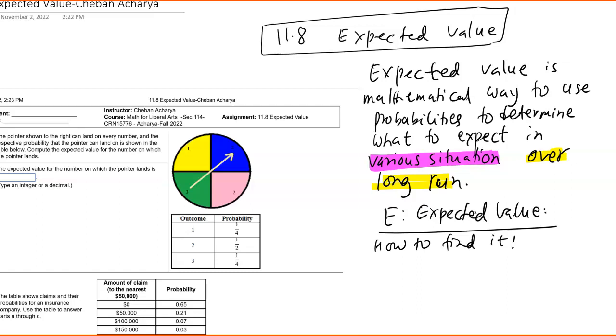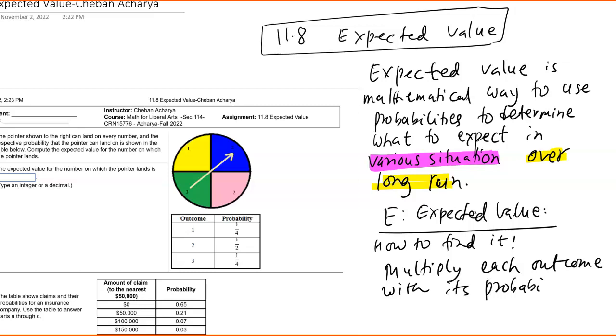Here is the rule: you multiply each outcome with its probability and add them. Thus, you find the expected value. Again, how do you do it? Multiply each outcome with its probability and add them.